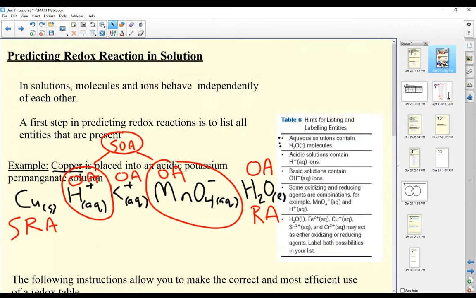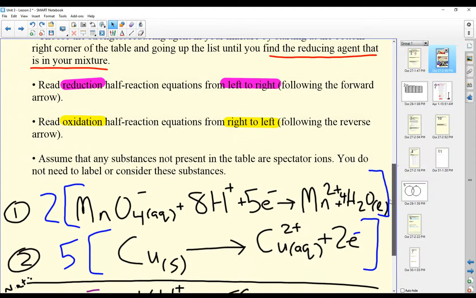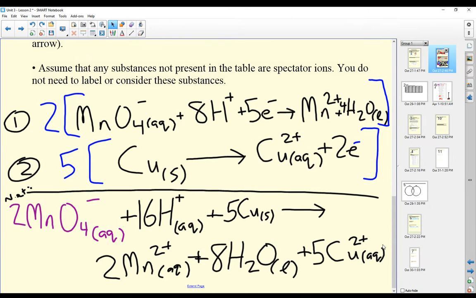Go back to our half reaction down towards the bottom here. MnO4 minus plus 8H plus plus 5 electrons will produce Mn2 plus and 4H2O. And then below we have Cu, which is copper solid, and it is going to produce Cu2 plus plus 2 electrons.